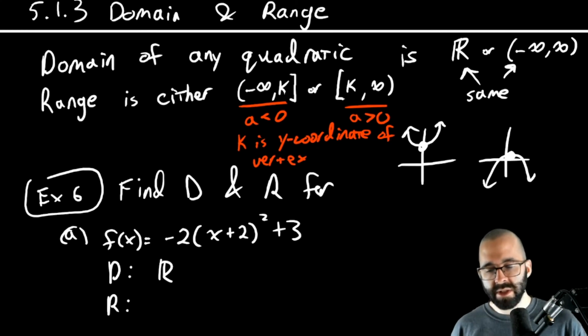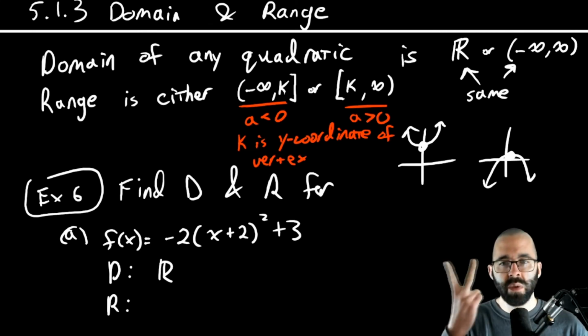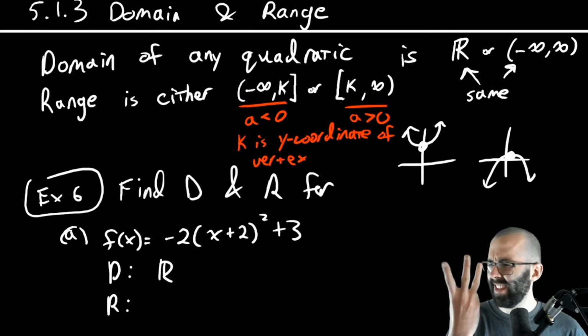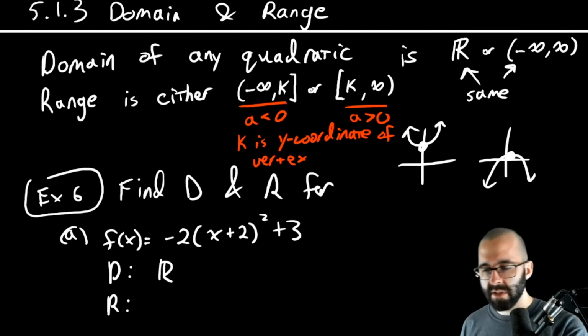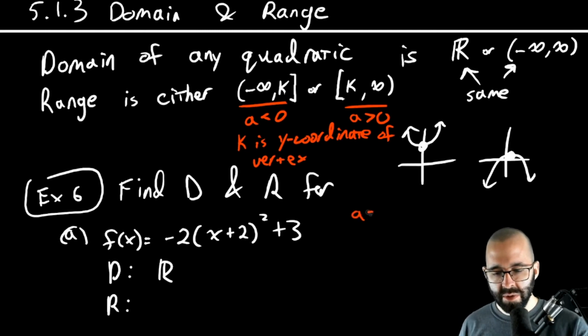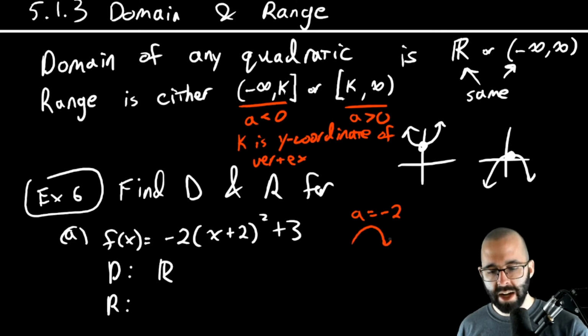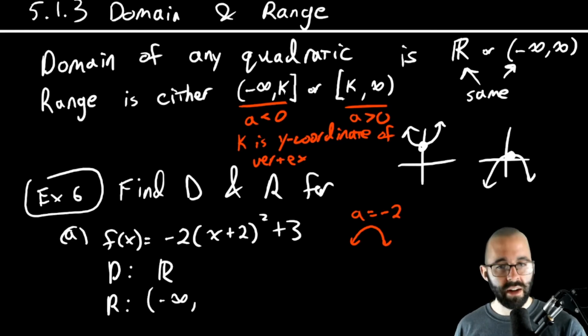So for the range, we just have to know two things. What is the value of a? And what's the vertex? Well, a is negative. a equals negative 2, so that means it opens down here. There's going to be a maximum. So the smallest we can go is negative infinity.